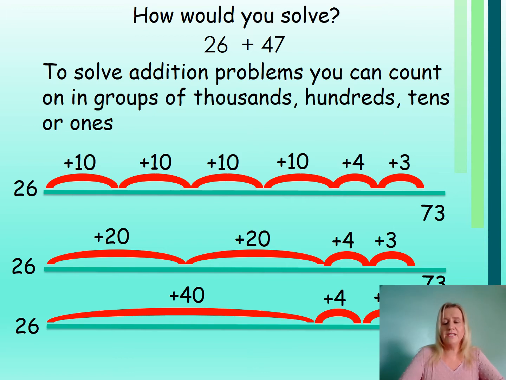There are so many different ways to get to the same answer. Do you notice that all those different ways still get to the answer of 73? Do you think it would happen if we started with the 47 and added on the 26? You're right, it would. It doesn't matter which way round the addition sum is. We could start with either of those numbers.